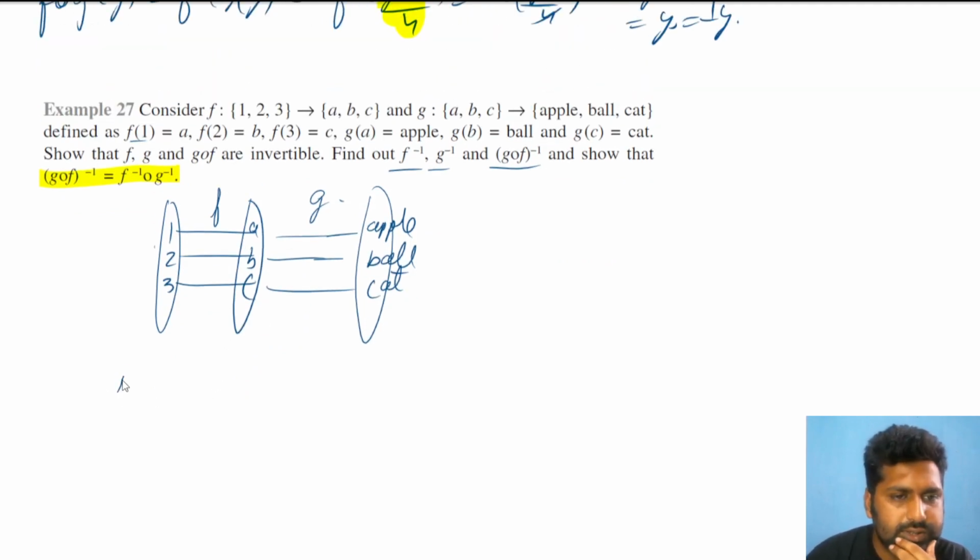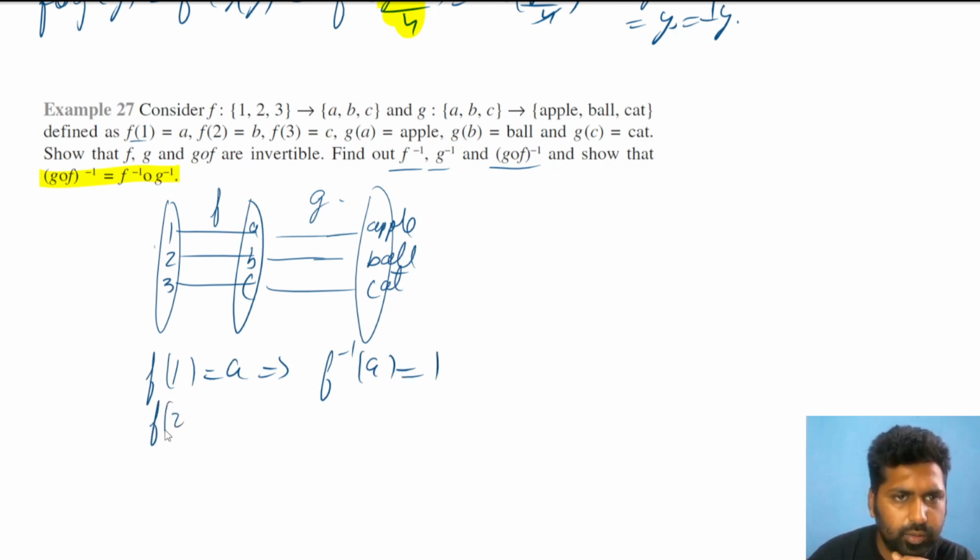Now f inverse will be like this. For f inverse of A, you have to go in reverse now. f of 1 was this. Now you use the definition itself. f of 1 was A, which implies f inverse of A, taking f to the other side where it becomes the inverse function, is equal to 1.